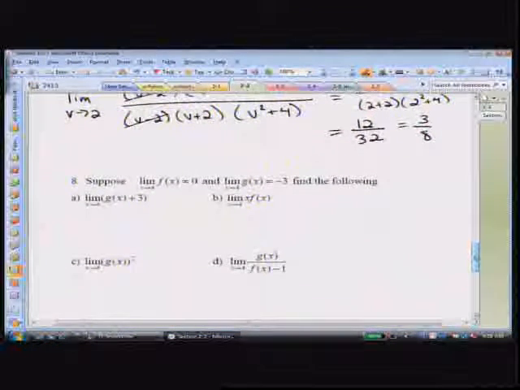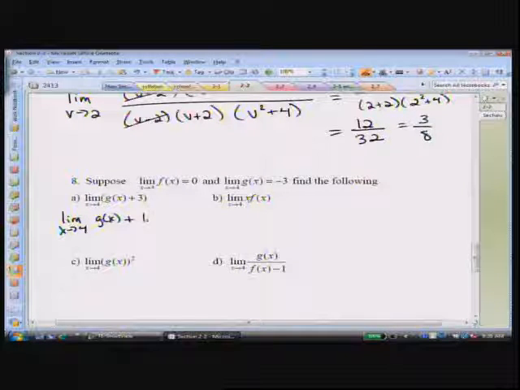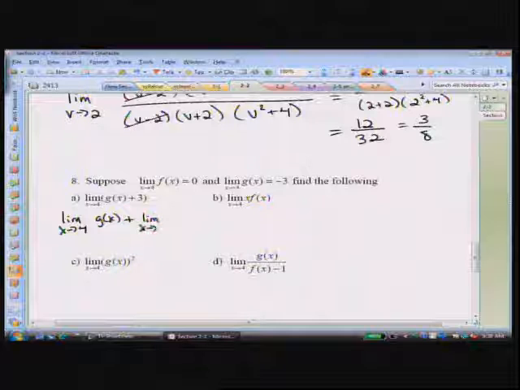All right, now this is just a little bit of understanding limits. You can sort of use the distributive property on limits, okay? What feels right is probably right. For example, on this one, you can think of this as the limit as x approaches 4 of g of x plus the limit as x approaches 4 of 3.